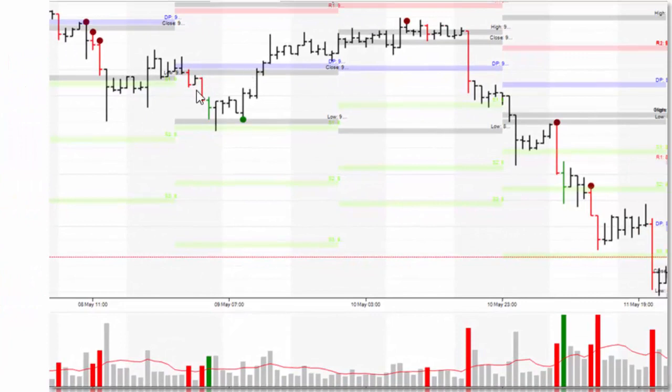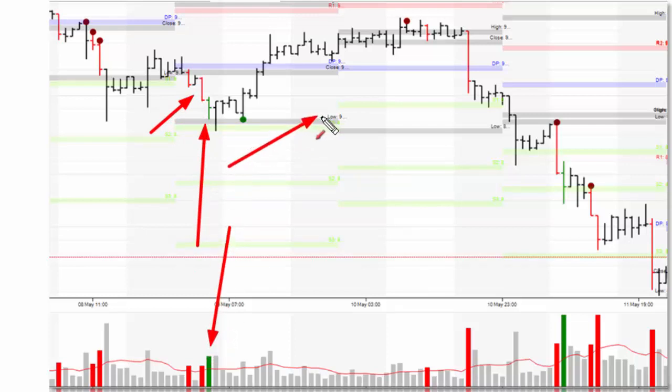So if we look at this example on the chart here, you can see that we've got selling here, we've got the buying pressure here, the volume is greater, the range is narrower, we're sitting at the low on a pivot point from the previous day. The market then puts in a buy signal and we move higher, reversing the previous trend.